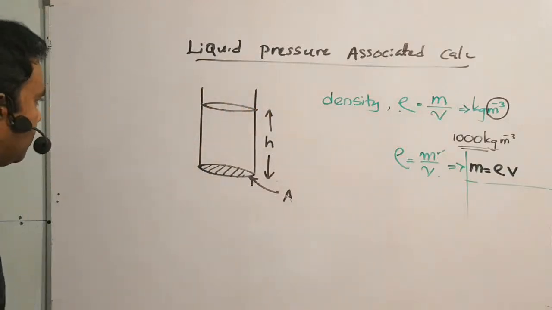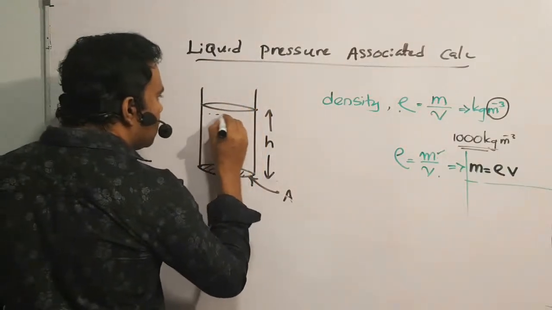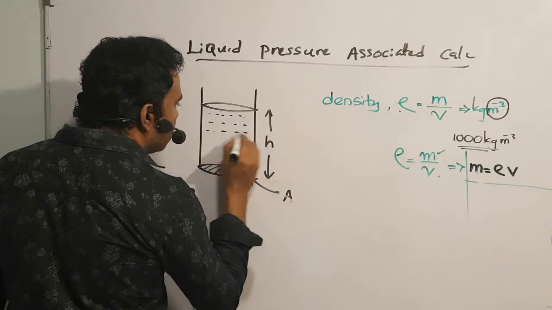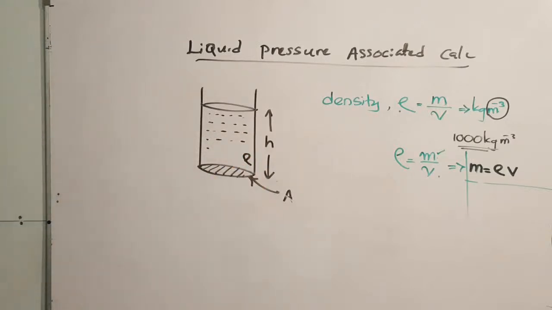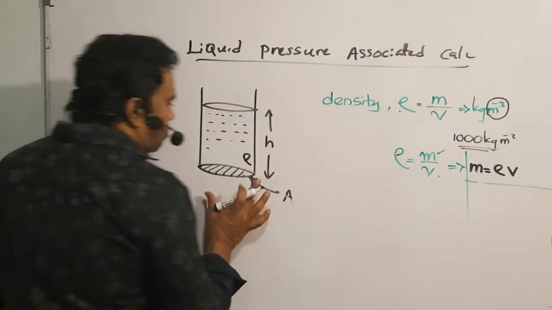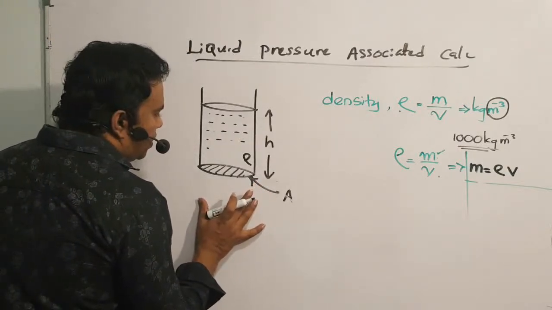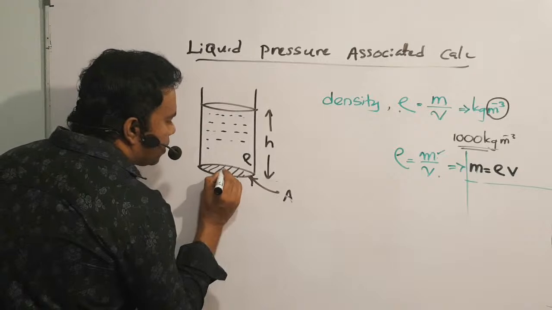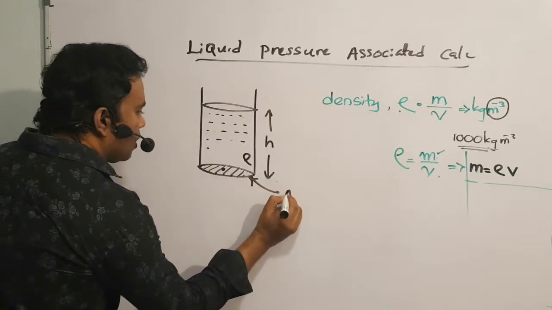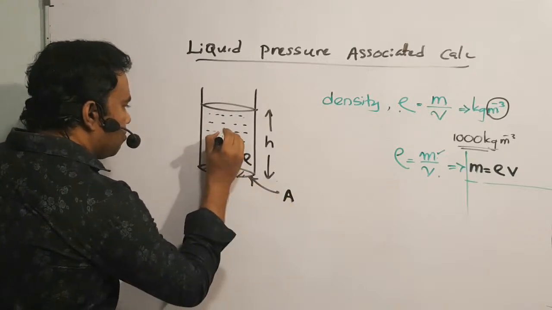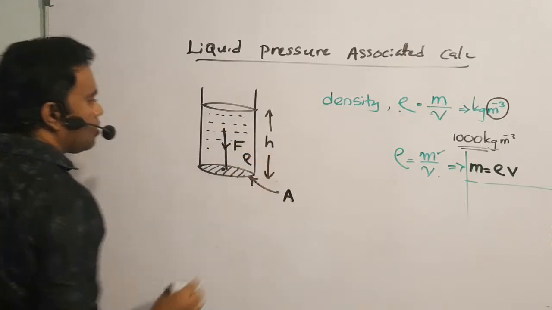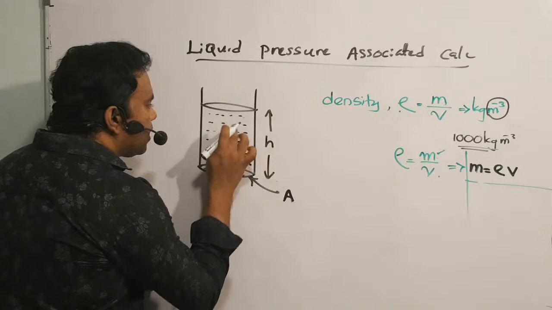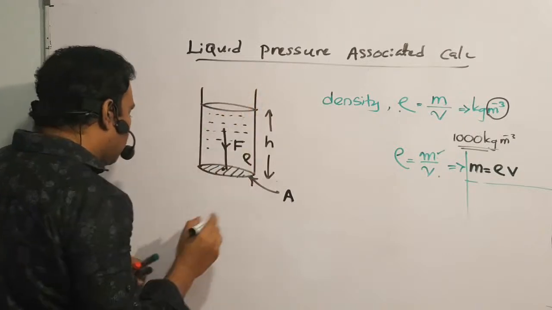One important point. If the density of this filled liquid is rho, let's calculate the pressure created on the surface of A. The downward force is F. That force is created by the weight of this fluid.